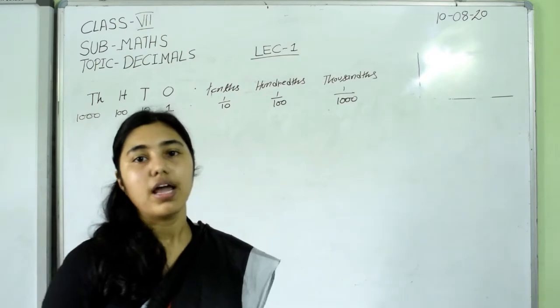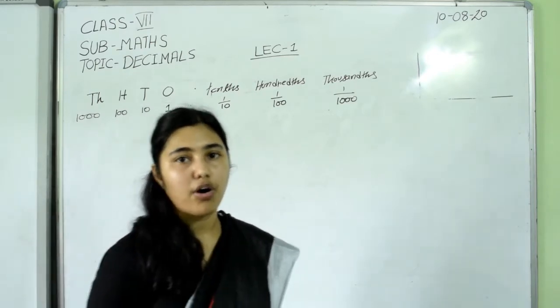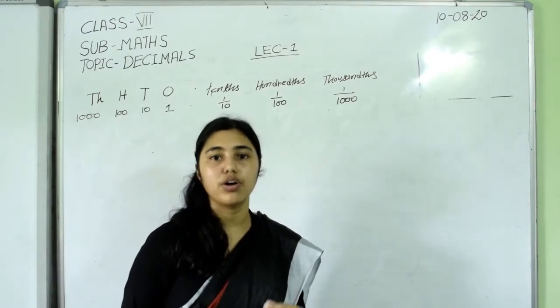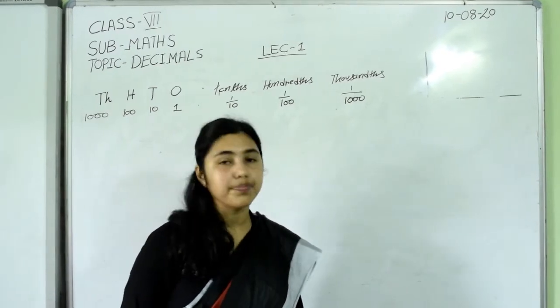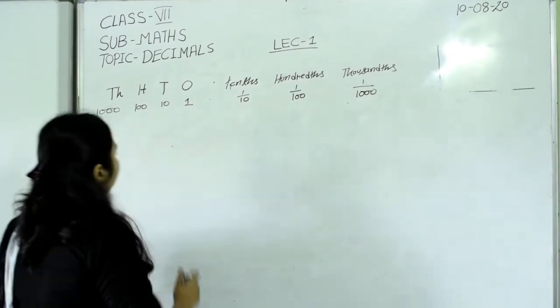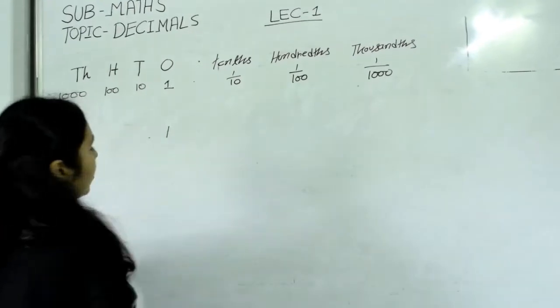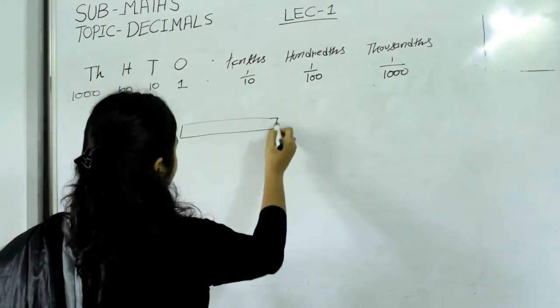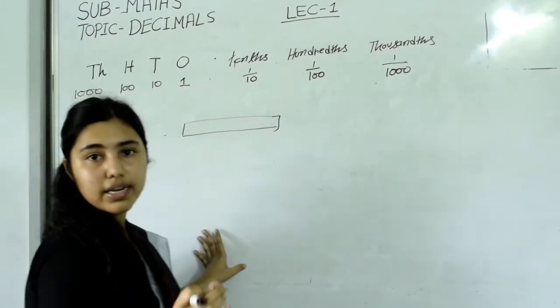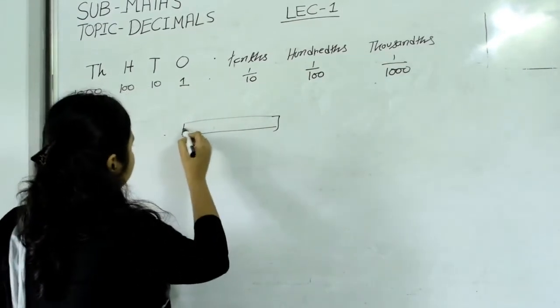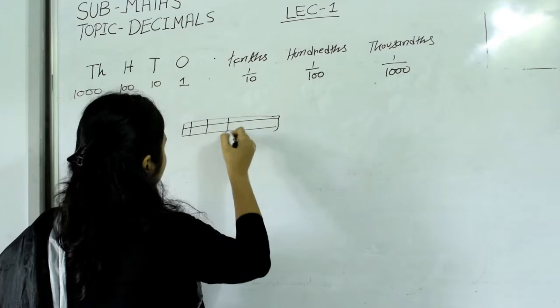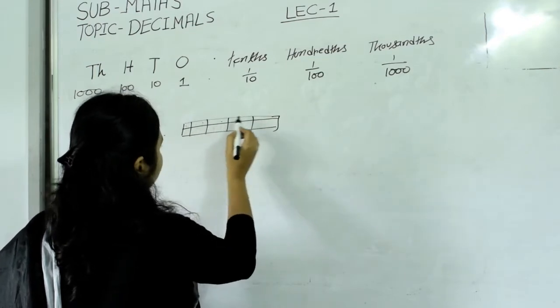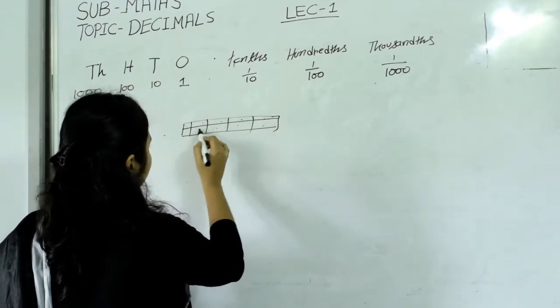Decimals are another expression of fractional values or fraction numbers. Suppose we divide a whole number into 10 equal parts, 1, 2, 3, 4, 5, 6, 7, 8, 9, 10.